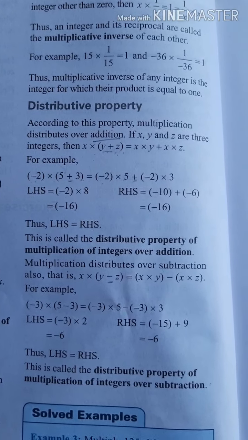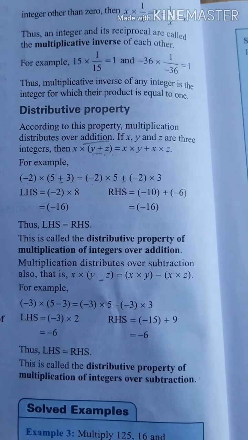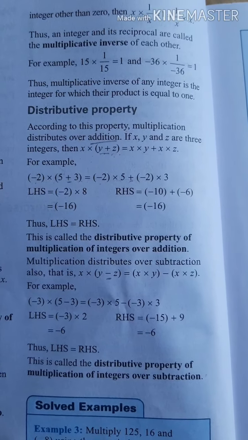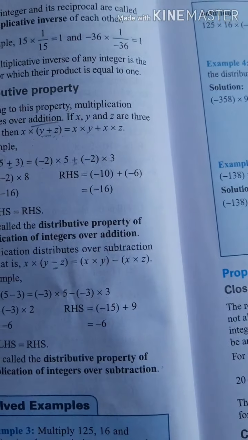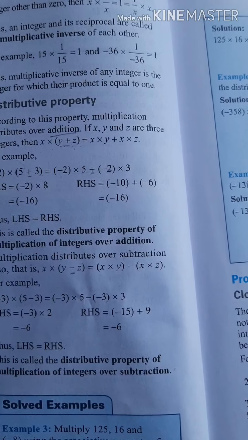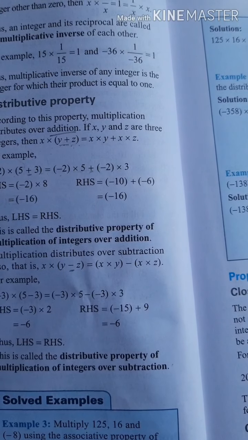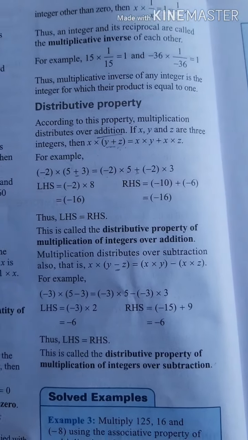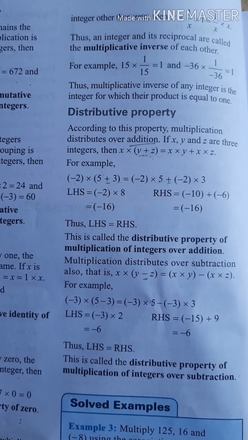So minus 10 plus minus 2 into 3. Minus into plus is minus. 2 3s are 6. So minus 10 plus minus 6, both are minus symbol, so you add and put the minus symbol. Minus 10 minus 6 is minus 16. See, now the left hand side is equal to the right hand side.